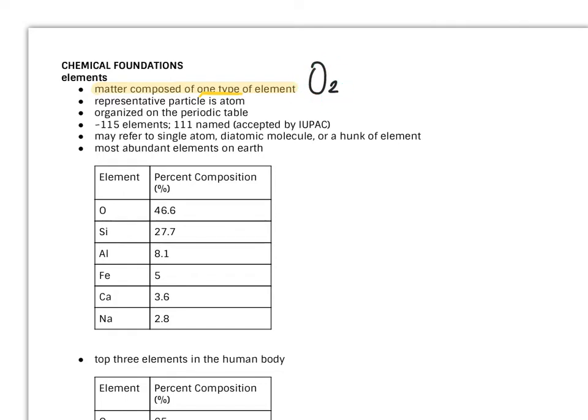O2, or oxygen gas, is also considered an element. It has a special name, and it's called a diatomic element. Di because that means two, and atomic because it has two atoms, and it's still an element.